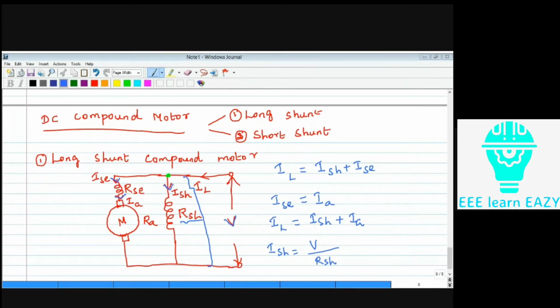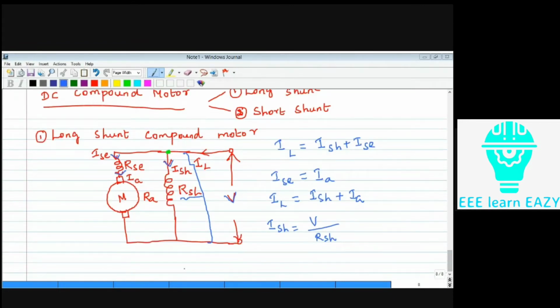Now let's write the voltage equation for this long shunt compound motor.